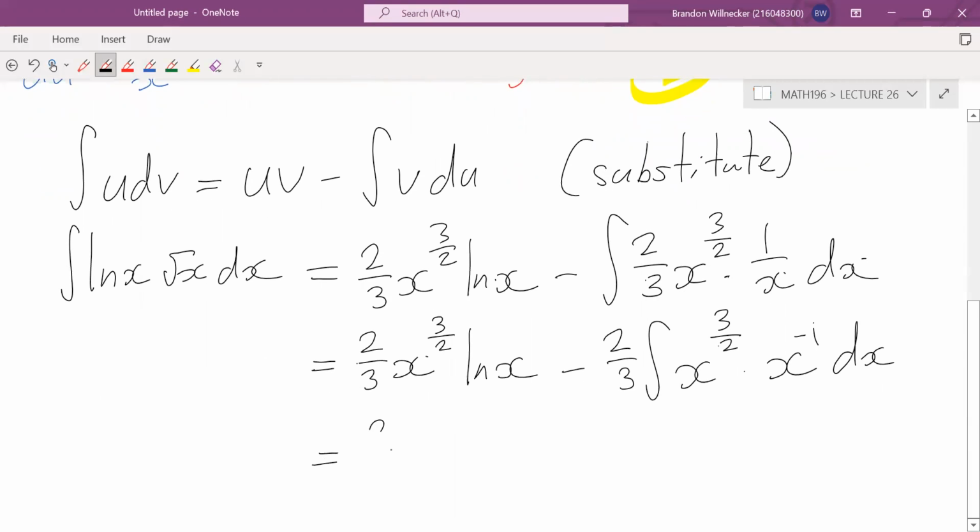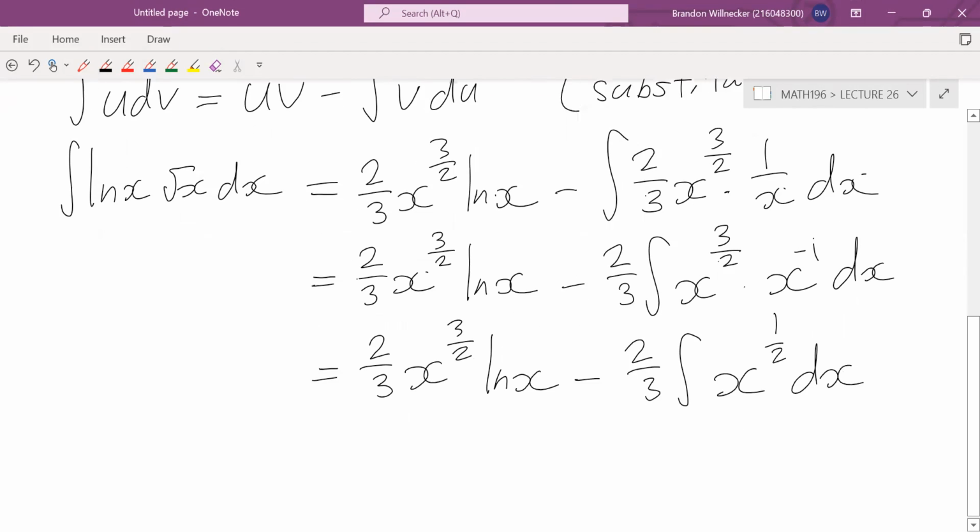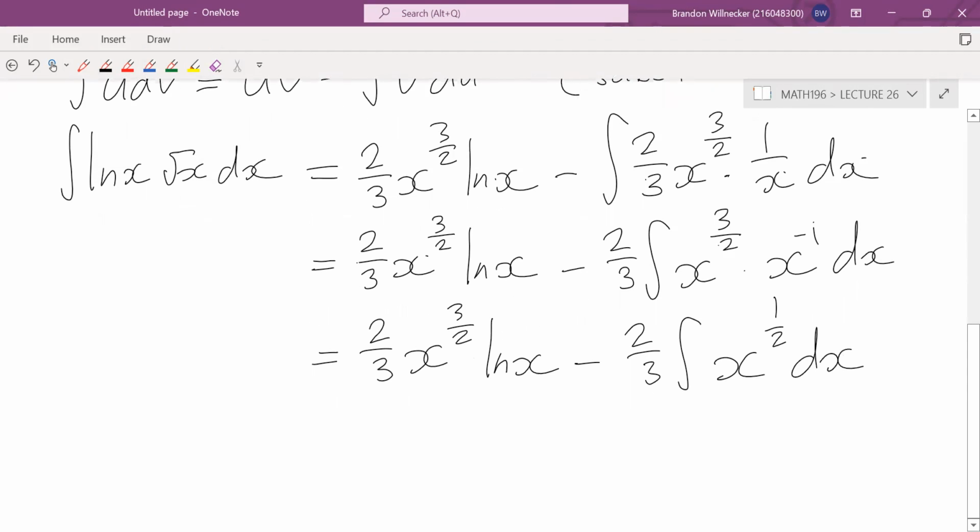So we get 2/3 x to the 3 over 2 natural log of x minus 2/3 the integral of x to the, 3 over 2 minus 1 is going to be 1 over 2, dx. Okay, good. Now we can just integrate this.